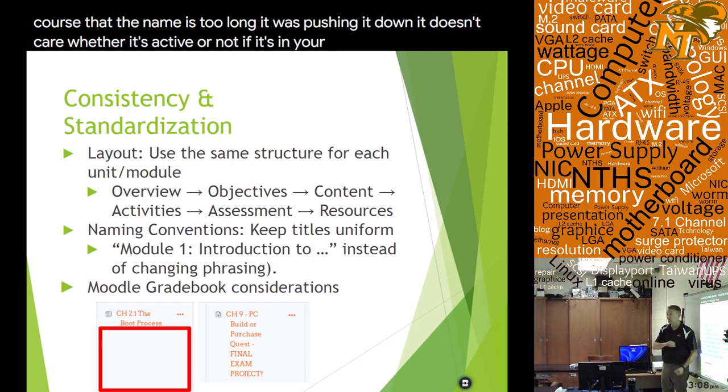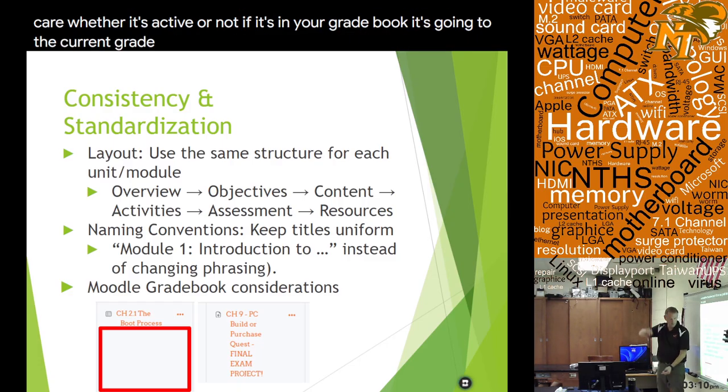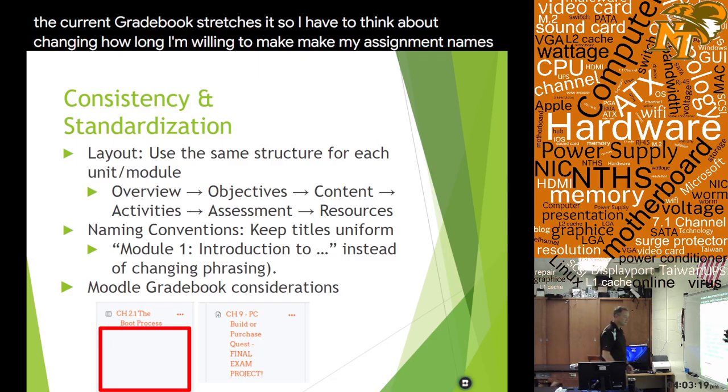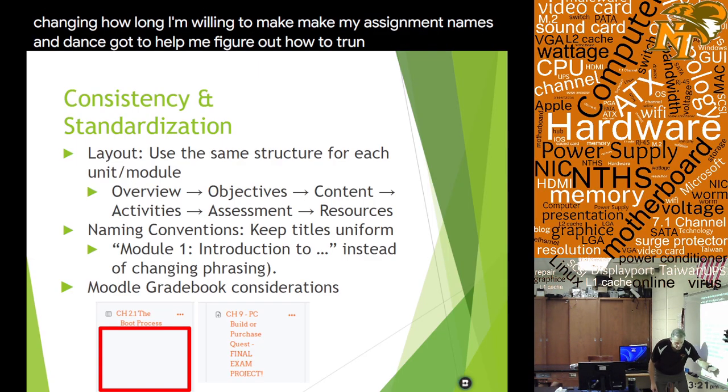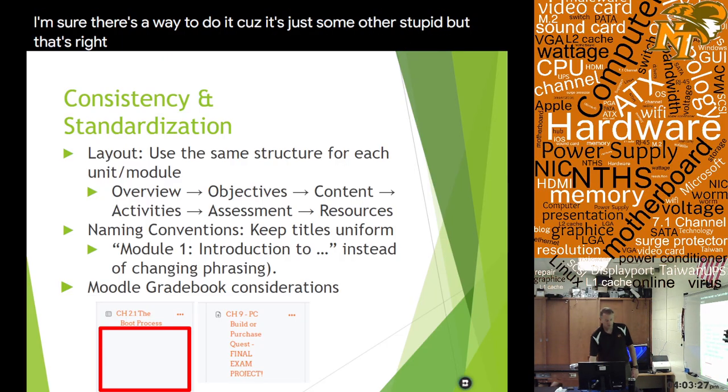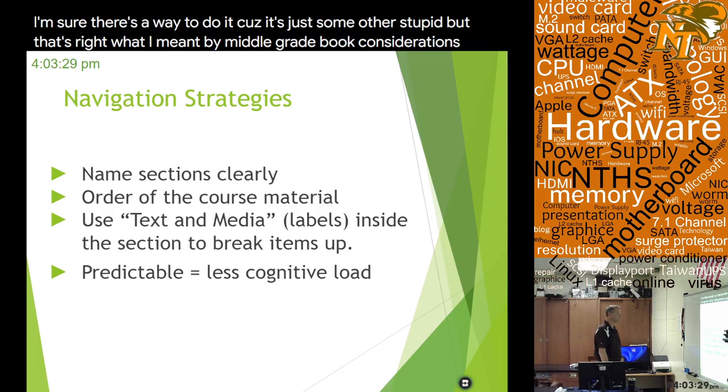If it's in your grade book, the current grade book stretches it. So I have to think about changing how long I'm willing to make my assignment names, and Dan's going to help me figure out how to truncate it at 3 lines. I'm sure there's a way to do it. But that's what I meant by middle grade book considerations.